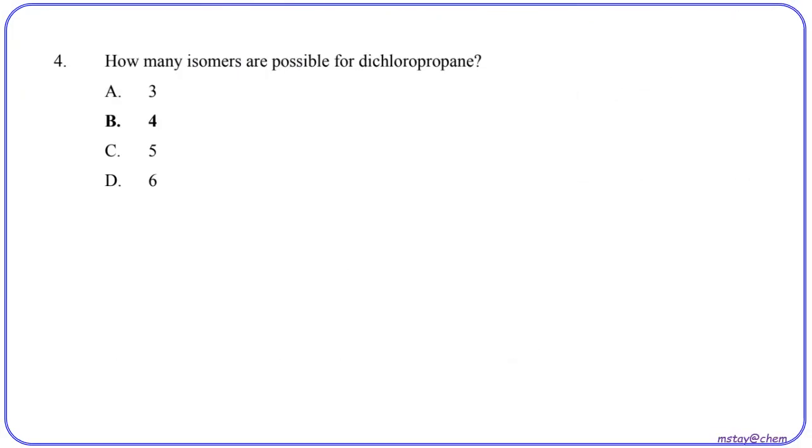Question number 4. How many isomers are possible for dichloropropane? Propane consists of 3 carbons. Because they didn't mention the position of the chloro, you have to use your imagination to predict how many isomers are possible.